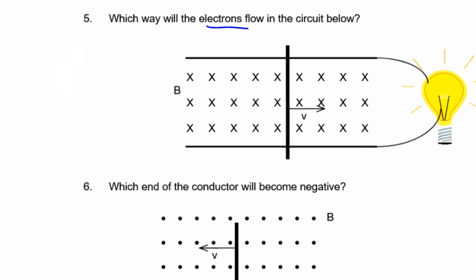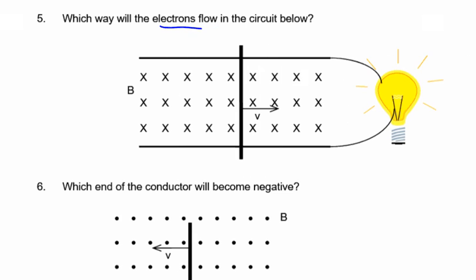Okay, these ones. So what's happening here? When it says which way will the electrons flow in the circuit below? First off, this is just like a bare wire, and that's a bare wire, and really this is just a bare wire too, or bare conductor. So if I move this conductor through this magnetic field that's going into the board, to the right, then that should induce a current, right?